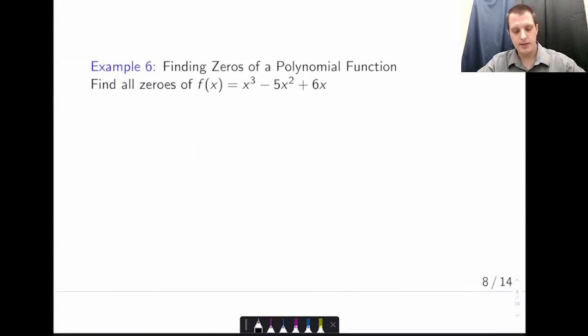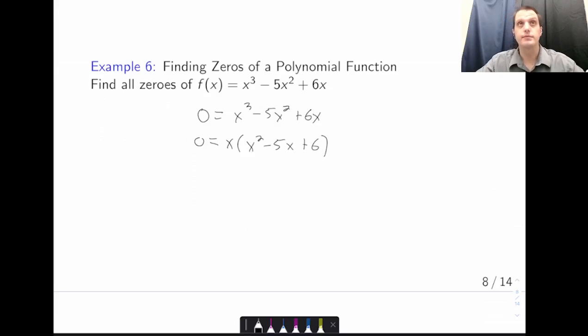All right, so here we're going to say that 0 is equal to x cubed minus 5x squared plus 6x. Here we have 3 terms, but they all share an x in common, so we should factor out our greatest common factor of x. So 0 is equal to x times x squared minus 5x plus 6.